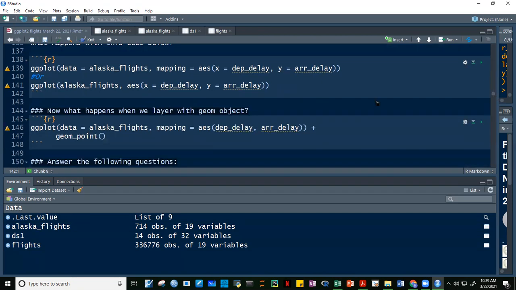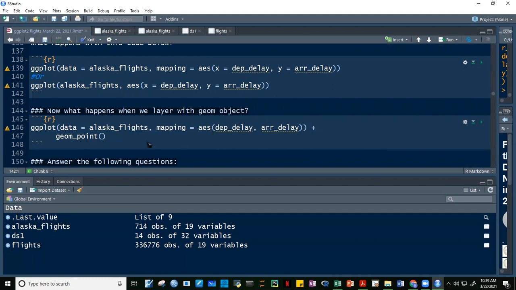Now take note, guys, this code won't plot yet because we don't have the third layer, our geometric object. So let's now add a geometric, and let's use the geometric point. You use geom underscore point in order to plot this.